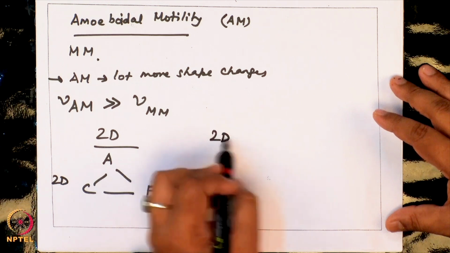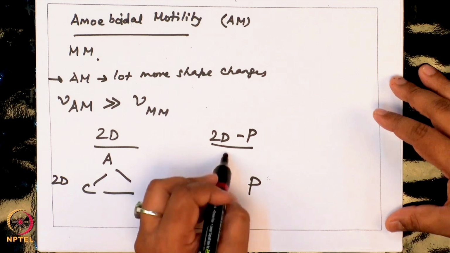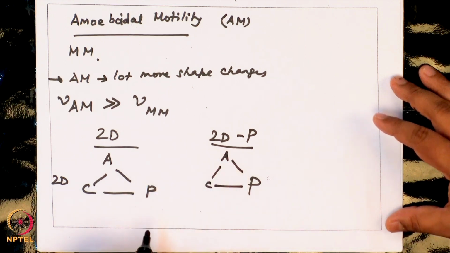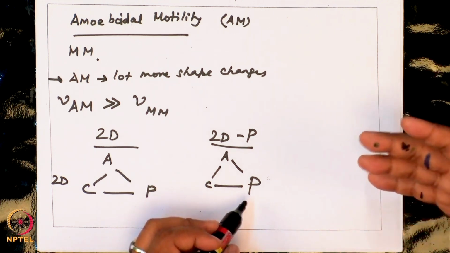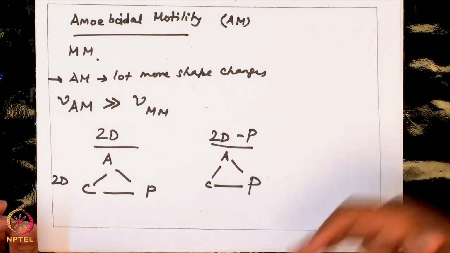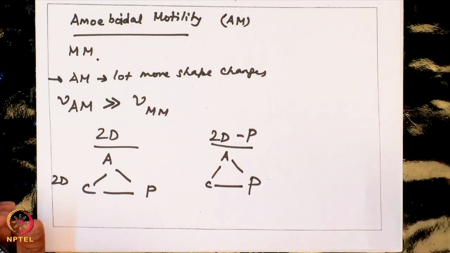You can have 2D protrusive, where your protrusion force is much more significant, adhesion is there and contractility is insignificant. This is possible because these cells are small in size. If the cell was huge, then this kind of localized protrusion will not lead to accumulation of membrane tension.